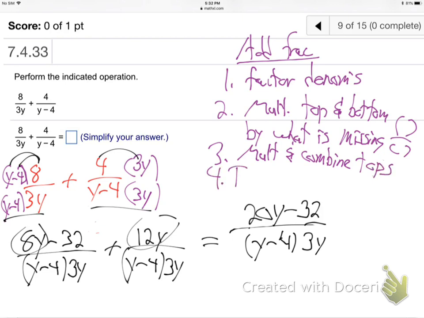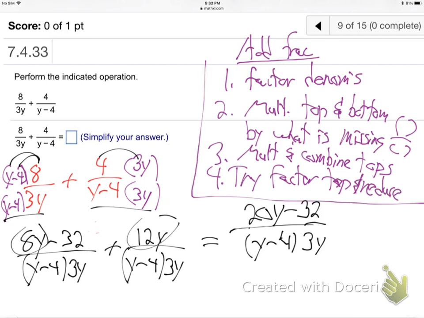And step 4, try to factor the top and reduce. So can I factor that top? What can you take out? Well, yeah, you could take out a 4. That would leave 5y minus 8 over y minus 4 times 3y.